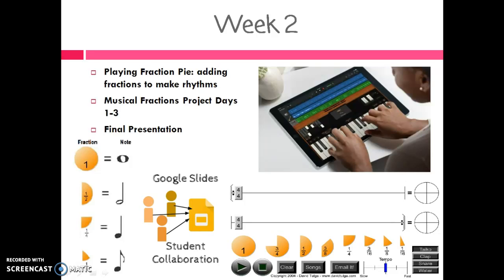Students were able to create their own song to test this out and email it to the teacher, and then by the end of the week, they were able to start a collaborative project using GarageBand and Google Slides to put informational pieces that they learned throughout the unit, to put their own created music on the slide, and to also collaborate as a group to make a final group presentation.